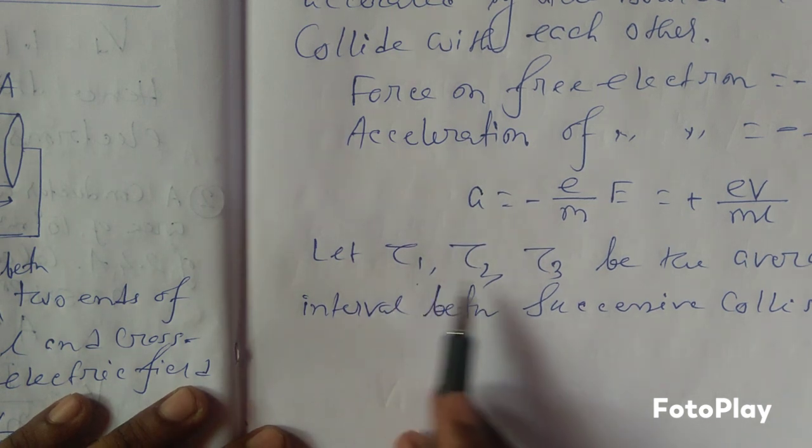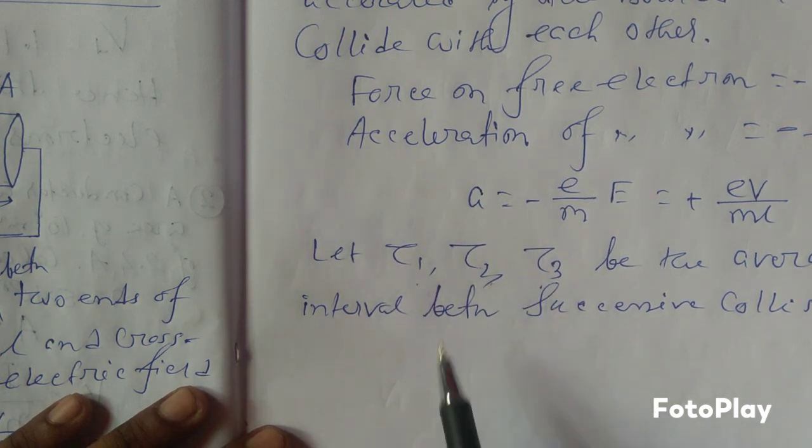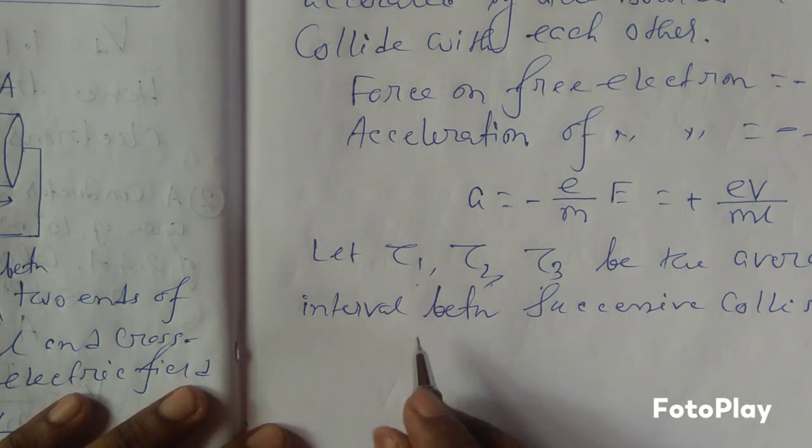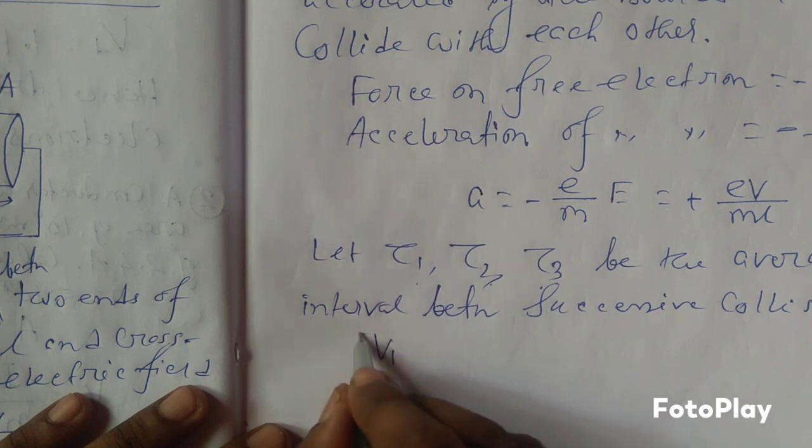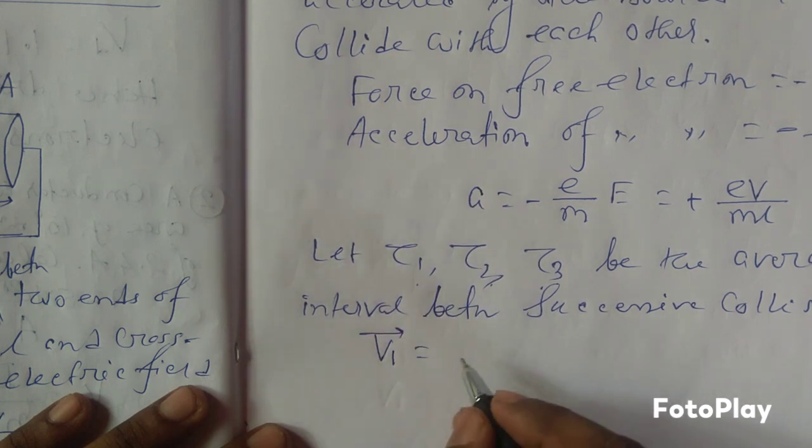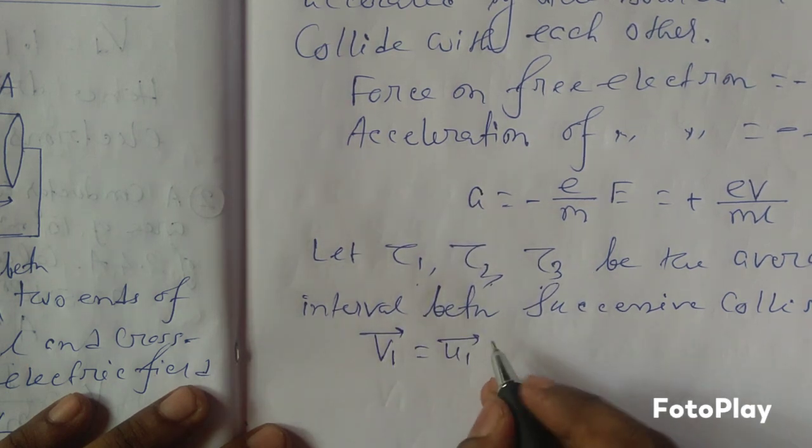That is for electron 1, for 2, for 3, and if we consider the nth electron, that is tau n. So we can write V in this way.